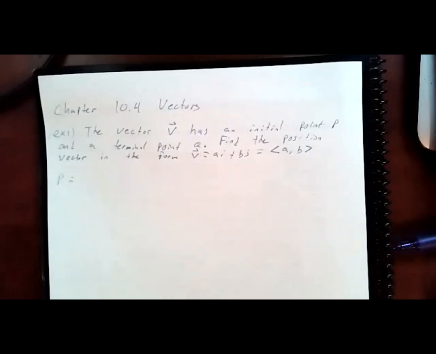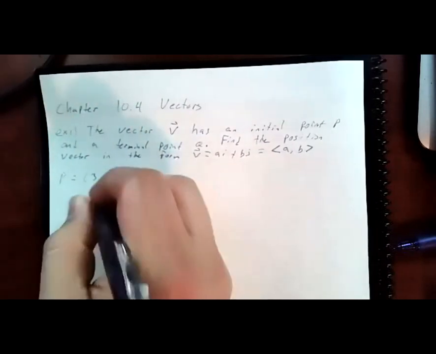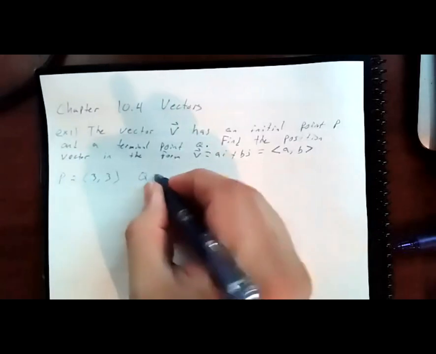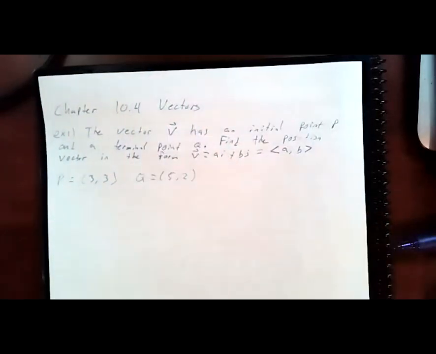When we do vectors in 2 dimensions, you use I and J components. I is related to X, J is related to the Y direction. If it was 3D, you'd have IJK. To create a vector from 2 points, all you have to do is subtract them like this. So you have the points 3, 3 and 5, 2.